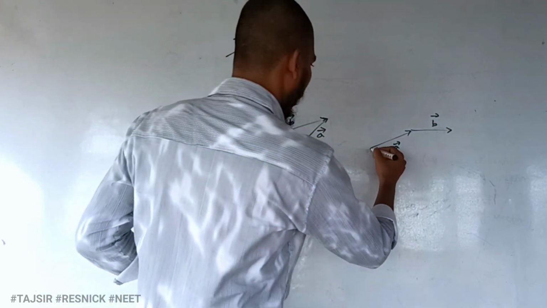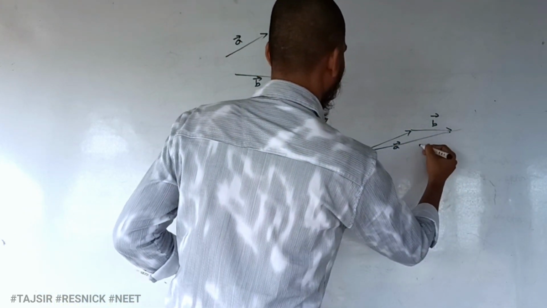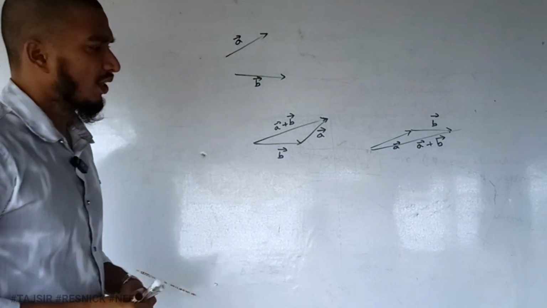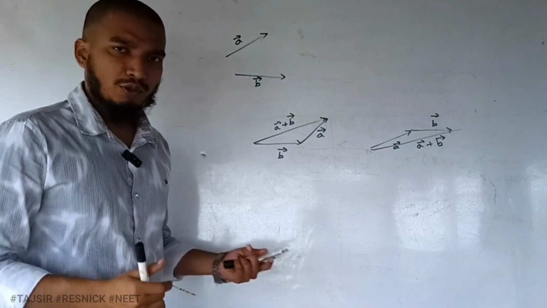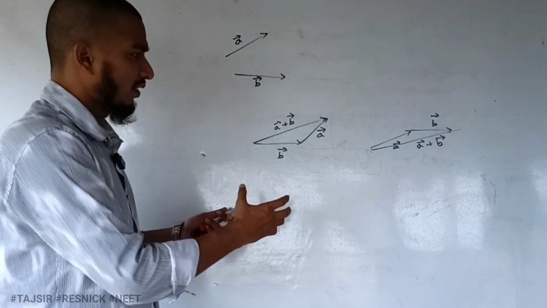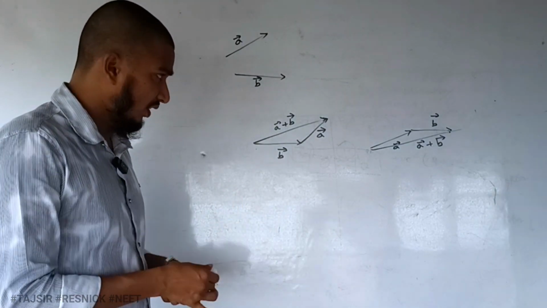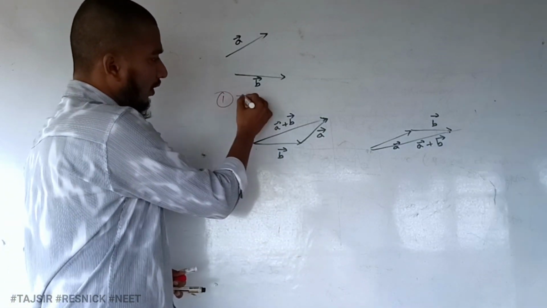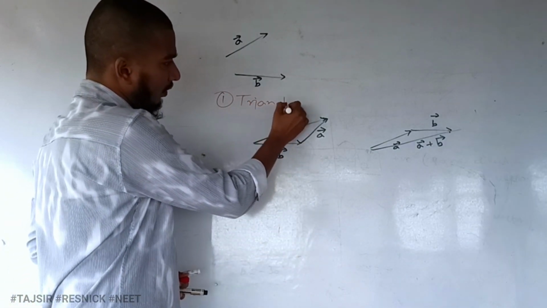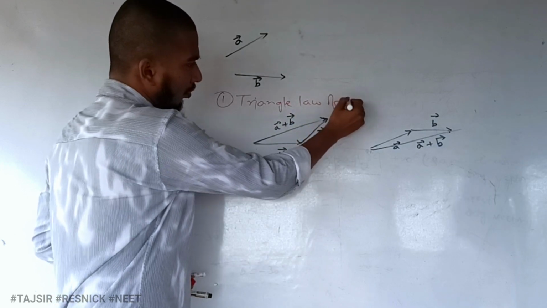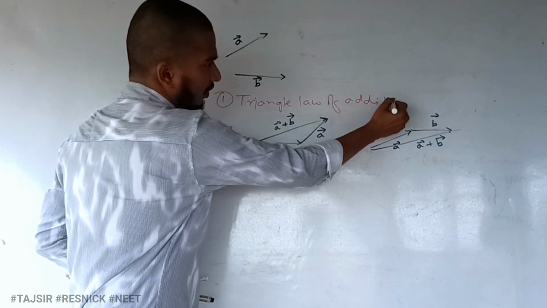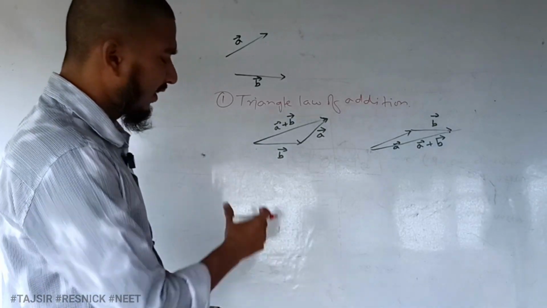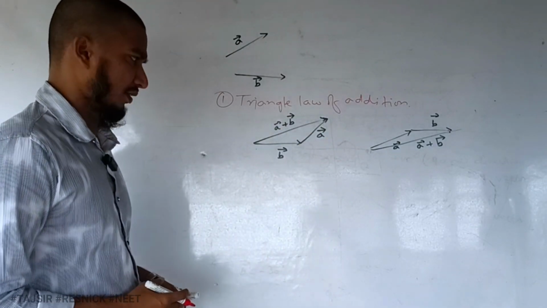Then again we have this as A plus B. So what we are doing here is completing a triangle. This is the method known as the triangle law of addition of vectors, and this is a geometrical method.